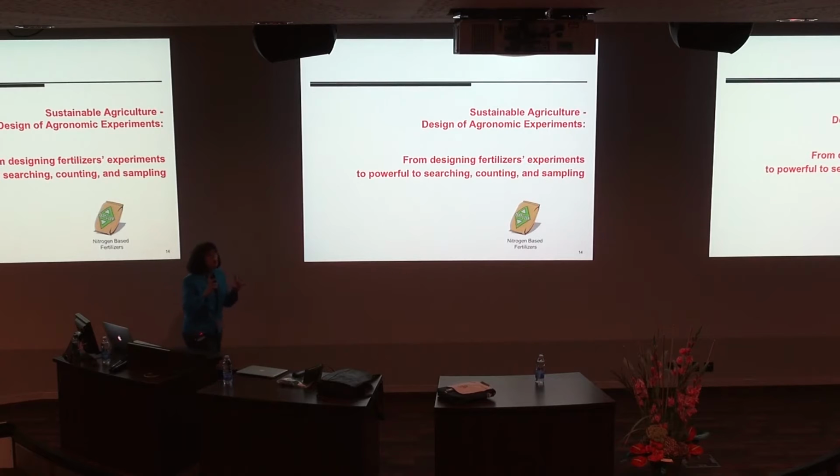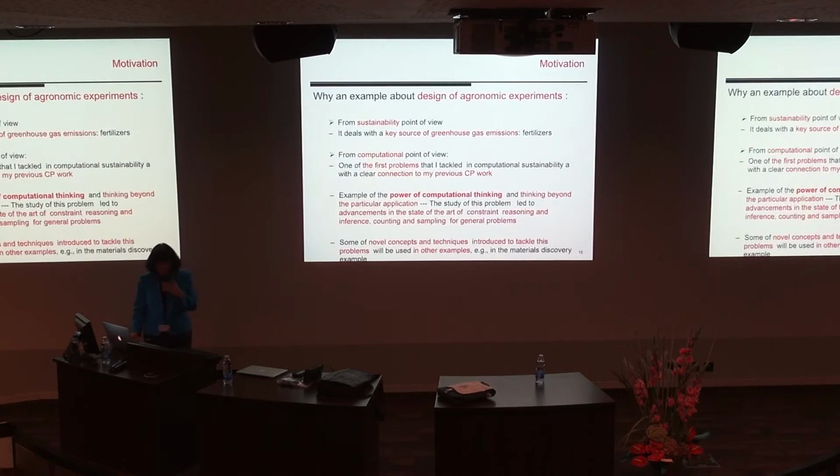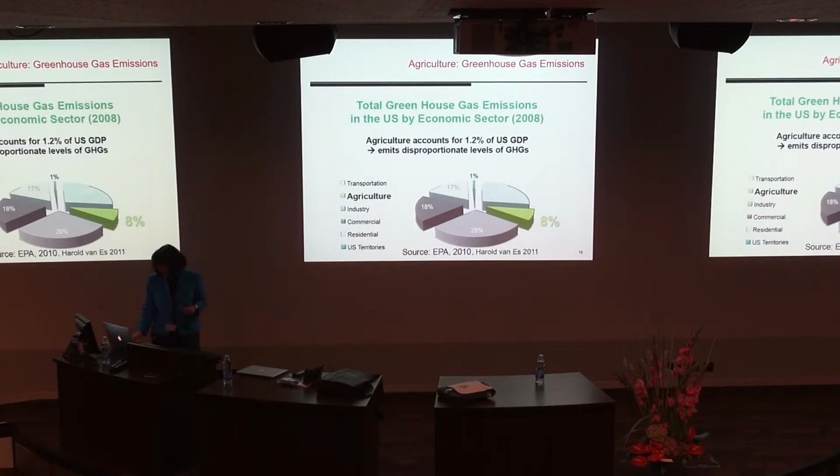And this is an example of thinking outside the box and really going beyond the particular application. So again, an example of how you can, by addressing a real problem, really advance the state of the art of computer science. This problem is obviously also important from the sustainability point of view, but indeed it's also important for us in terms of computer science, because by studying this problem, we were able to come up with very interesting techniques. So this is about fertilizers.